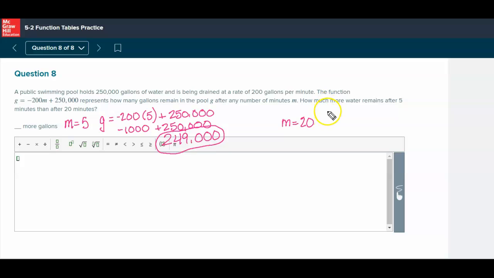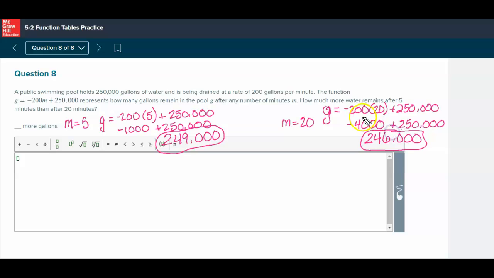But after 20 minutes, we would have G, I keep wanting to write Y, negative 200 times 20 plus 250,000. Well, 200 times 20, that would be negative 4,000 plus 250,000. And if you take 4,000 away from that, this would be 246,000.